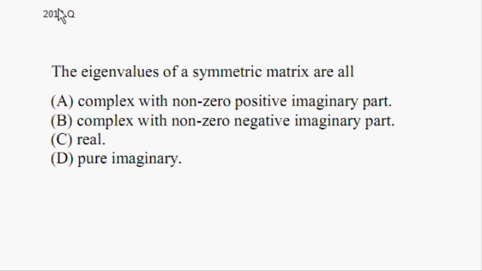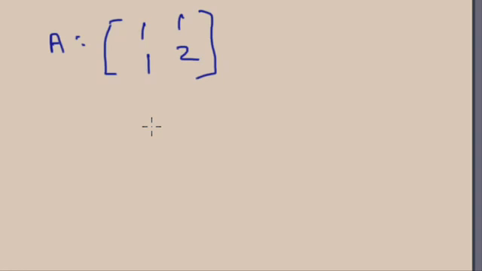This is a 2013 question. The eigenvalues of a symmetric matrix are what? To find the solution, you just take an example and get the eigenvalues of a symmetric matrix. So I am taking this simple example, [1 1; 1 2].